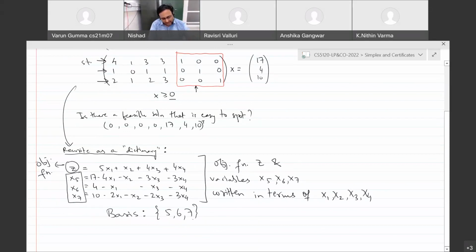And for each dictionary, we are going to have a current feasible solution, which you read off by looking at these numbers. It's setting x5, x6, and x7 to 17, 4, and 10, and all the other variables to 0. So it's 0, 0, 0, 0, 17, 4, and 10, what I wrote above earlier.